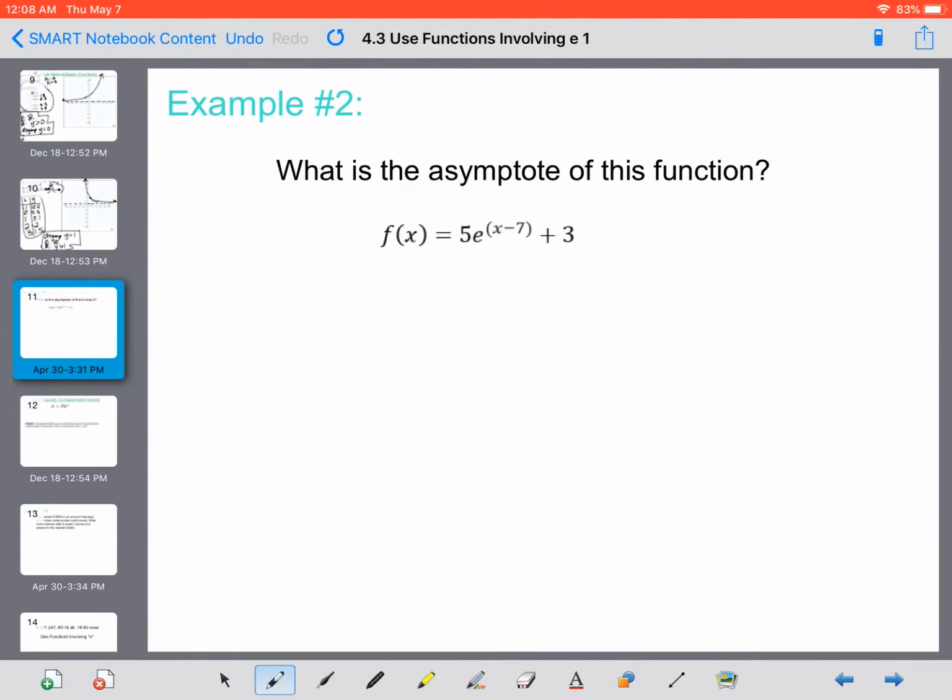Okay, we have another equation for you. Remember 4.1, we had the compound interest formula. 4.2, we had the decay formula. And then in this lesson, we have continuous compounded interest.